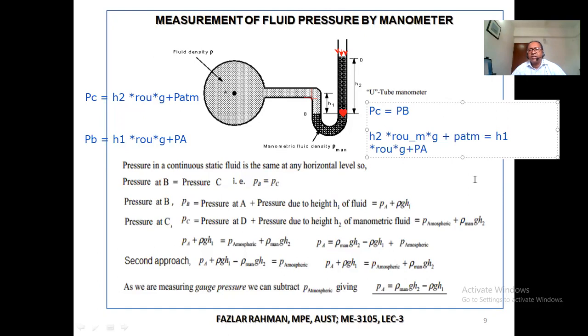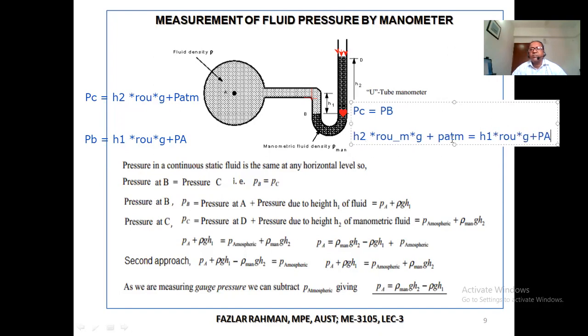Now, is it possible to figure out PA from there? Easily, right? Because now you just simplify the equation. You can figure out the value of PA. Similarly, we did over here. Pressure at P, we are saying PB equal to PC.